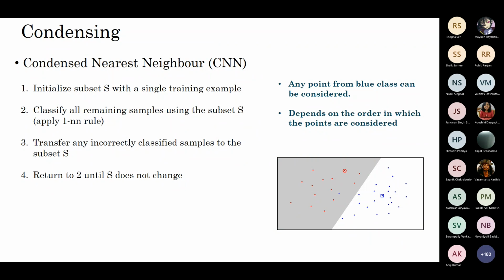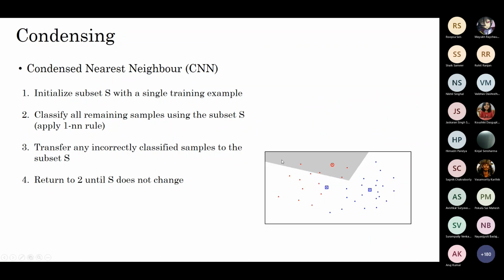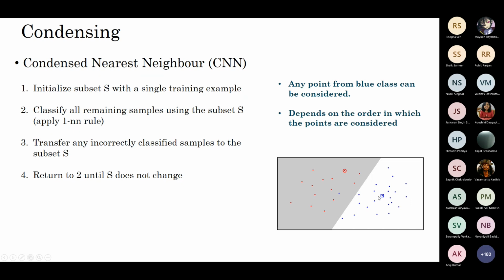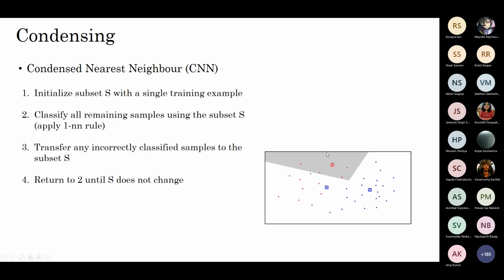Now my set will have these 2 points, this one and this one. Now you take the other samples and apply one nearest neighbor from these 2 points, only considering the closest nearest neighbor, a single point.